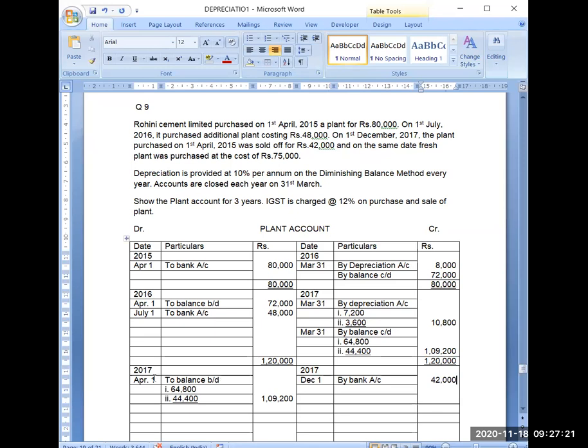Now because we have used this first plant from April 1 to December 1, we have to charge depreciation also on this plant for this time period by depreciation account. Now the new written down value of this plant is 64,800.